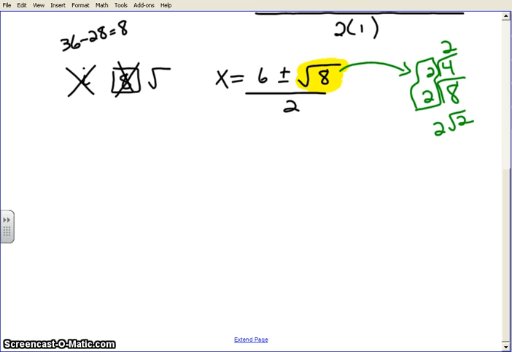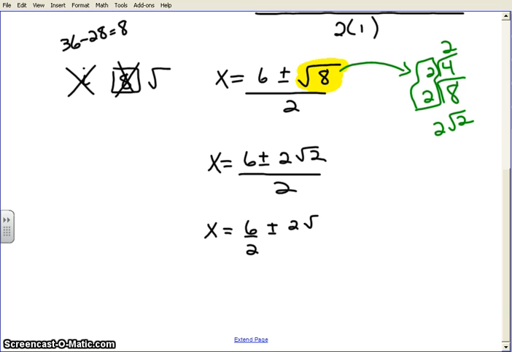Okay, so now I have x is equal to 6 plus or minus 2 square root of 2 over 2. Right here's the part where I want to separate this into two fractions. x is equal to 6 divided by 2 plus or minus 2 square root of 2 over 2.